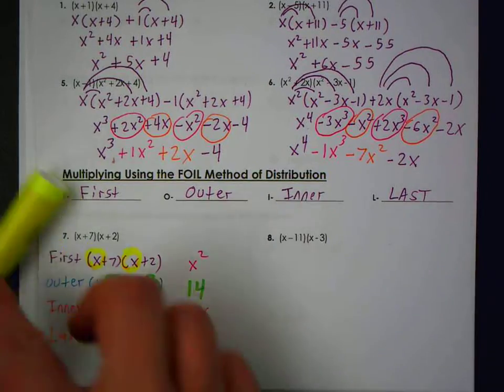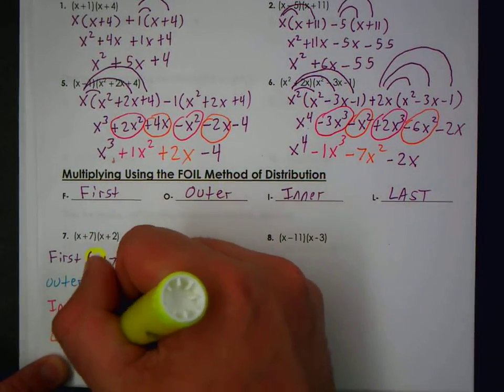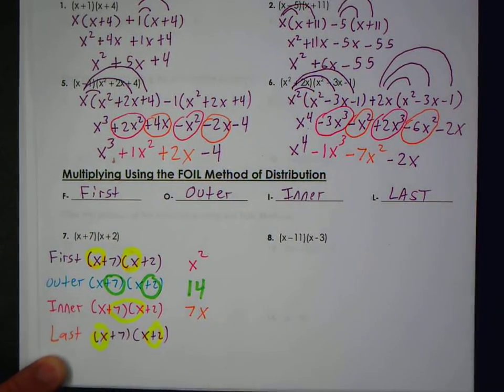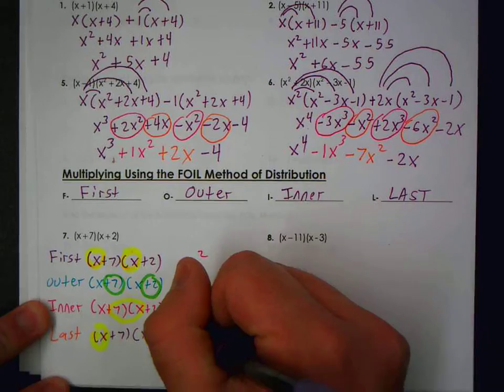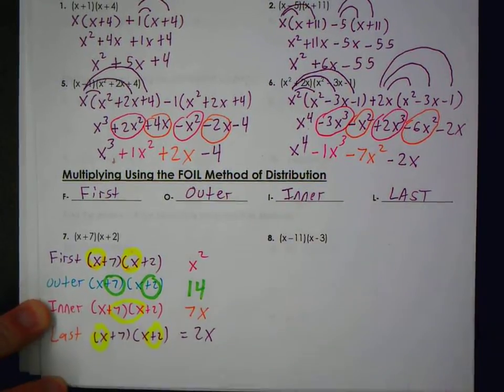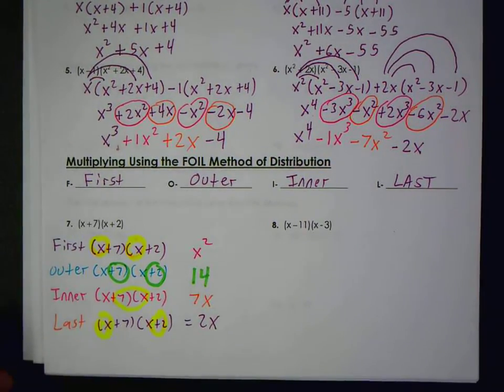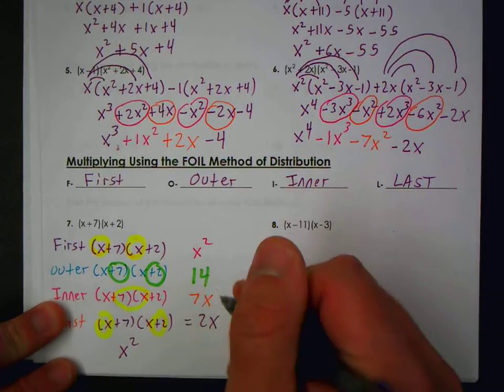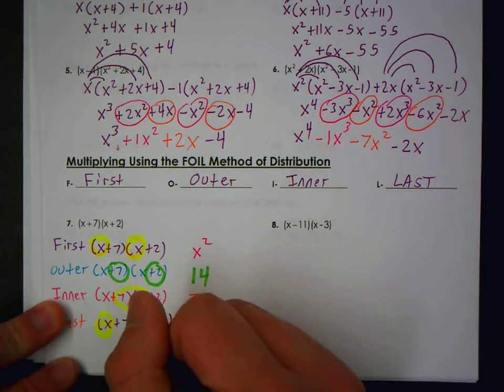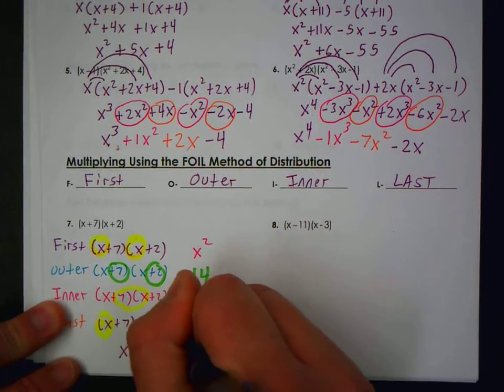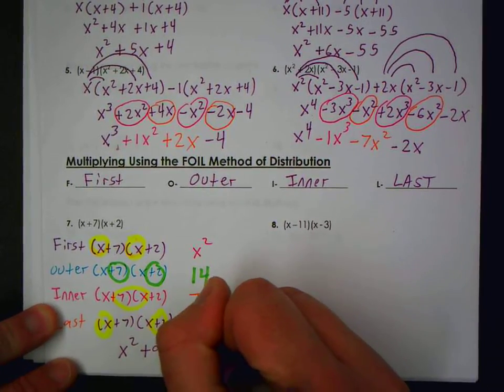That would be my last. I'm pretty sure I have last and outer mixed up. It doesn't matter, it's the same answer. That's 2x. And then combining like terms, you have your x squared, 7x and 2x is 9x, and that'd be plus 14.